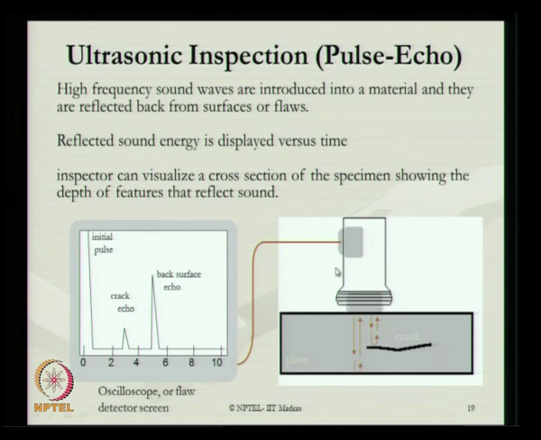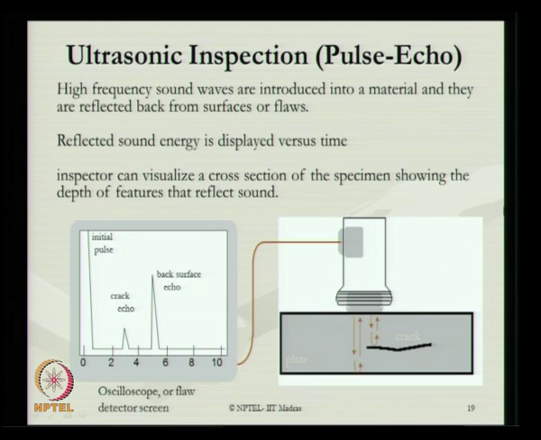When the ultrasound waves are introduced in the material, depending upon how they refract and reflect back, and the time taken for the ultrasound waves to travel through the material, one can easily plot and find out the crack location, and from the energy available on your plot, where the crack is located and how deep it is from the surface using ultrasonic inspection.